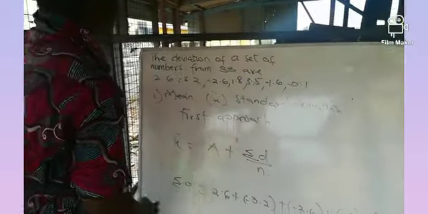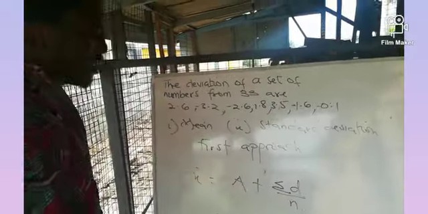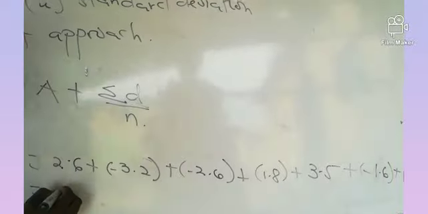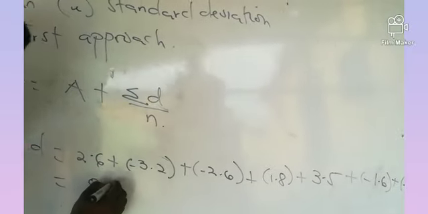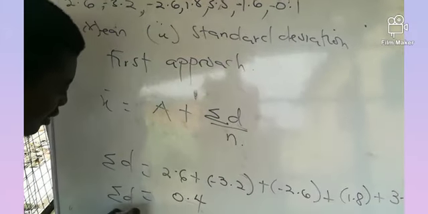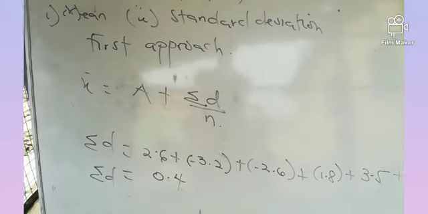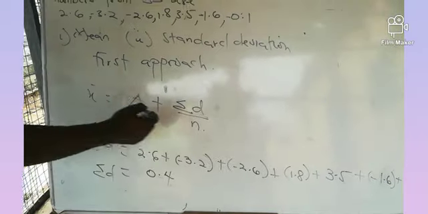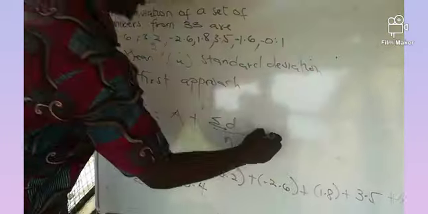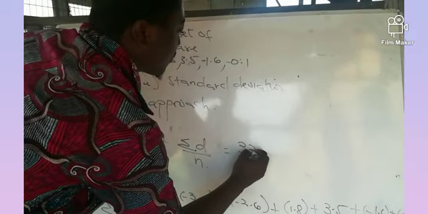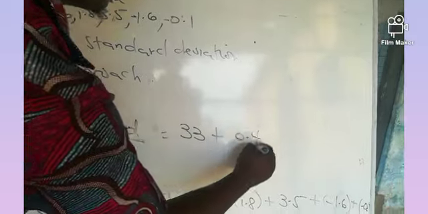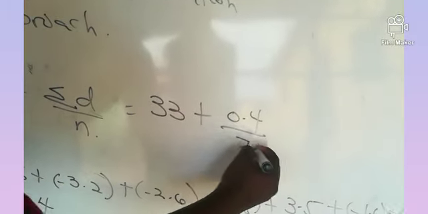So the summation of everything here, that will give us the summation of d, and that is 0.4. So summation of d is equal to 0.4, and the mean is going to be equal to the assumed mean, which is 33, so it will be 33 plus the summation of the deviation, which is 0.4, divided by 7.